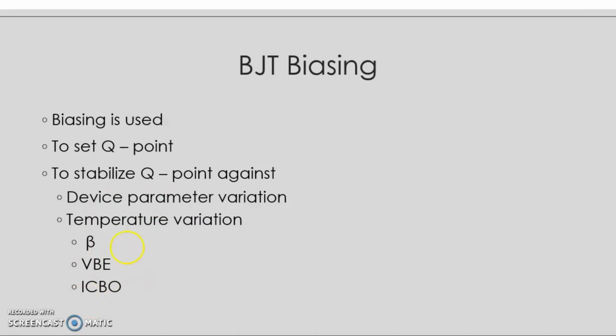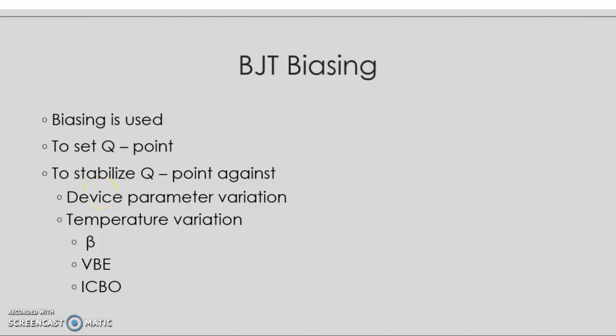As these are semiconductor devices, they are affected by temperature. We know that VBE, the base emitter voltage, reduces by 2.5 millivolt per centigrade increase in temperature. ICBO, the reverse saturation current, doubles for every 10 centigrade increase in temperature. Beta also depends upon temperature. So these are the three parameters which depend upon temperature.